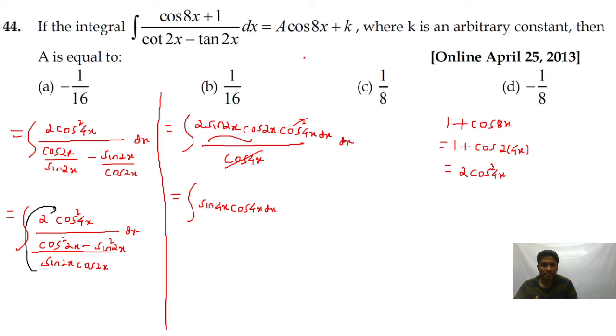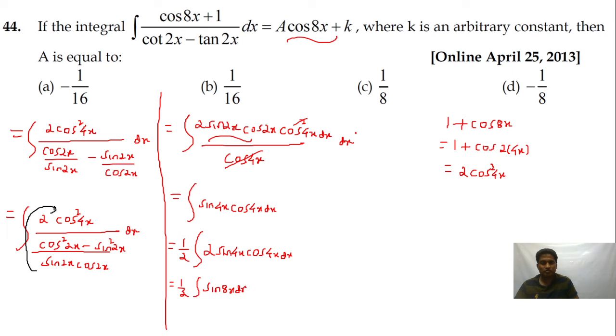You have to actually bring it to this form and take the value of a. So I'm going to divide by 2 and multiply by 2. You get 2 sin 4x and cos 4x. So this is 1 upon 2 and then this is sin 8x.